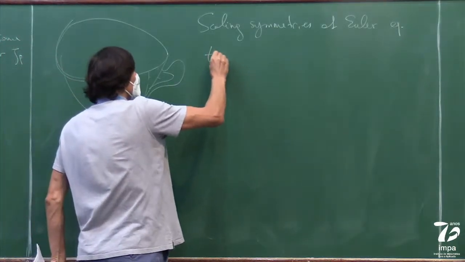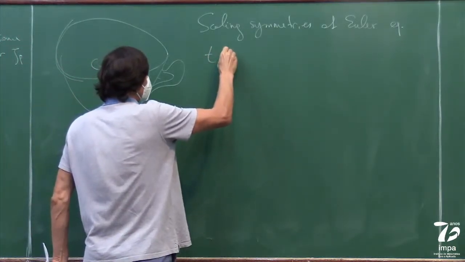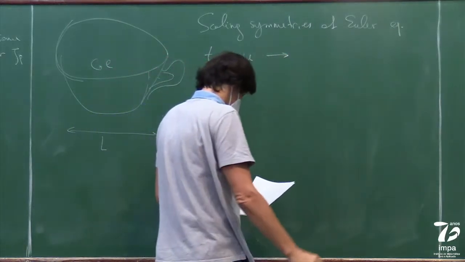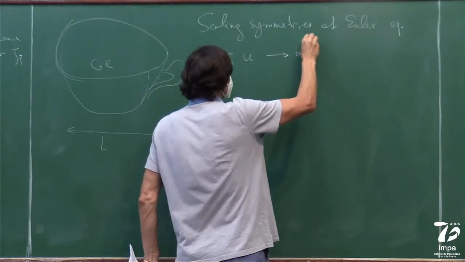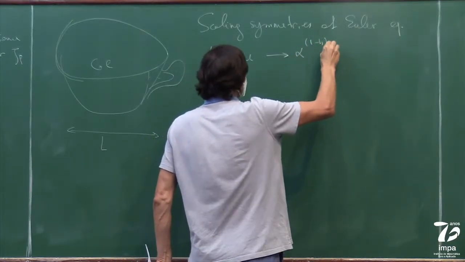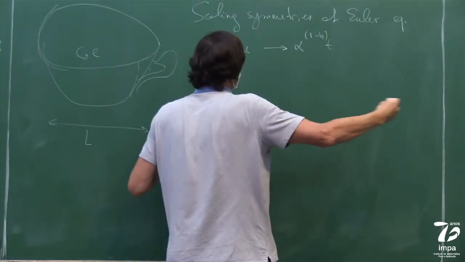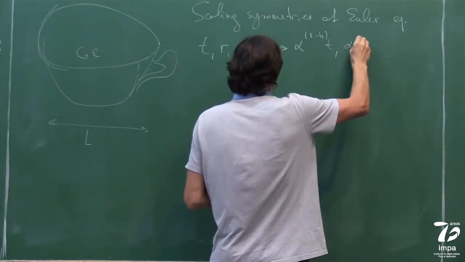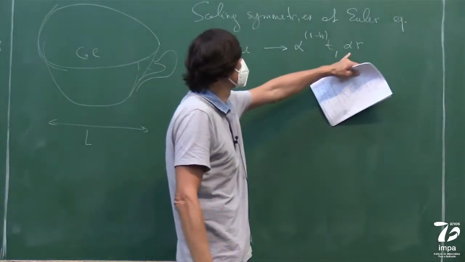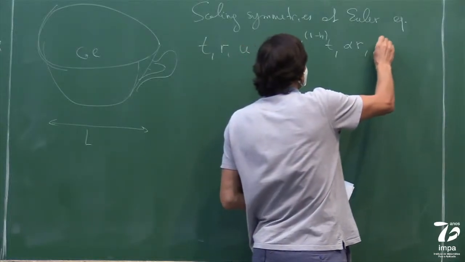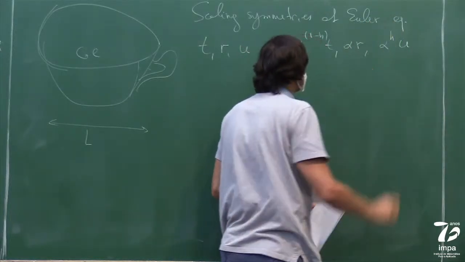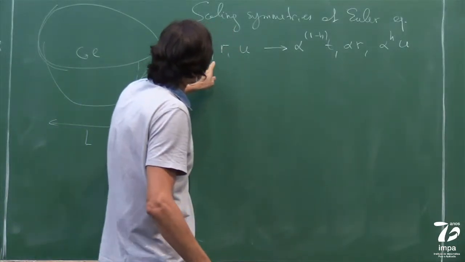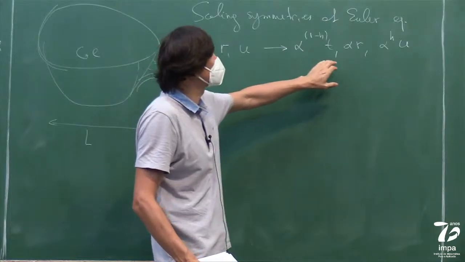It's a symmetry which maps time, coordinate, and speed into alpha times one minus h time. So it stretches or compresses the time. Also, it does the same with the scale, but with a different power. And with a different power, it transforms velocity. So this transformation maps a solution of the Euler equation to another solution of the Euler equation.